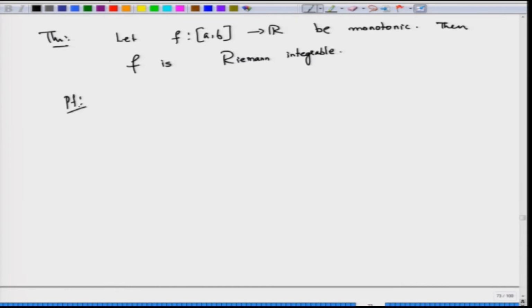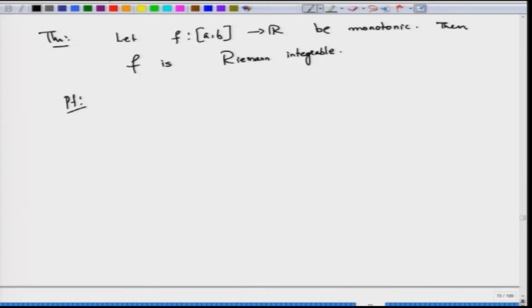What have we seen? We have also seen that in order to show that f is Riemann integrable, if given any epsilon positive, we can find a partition P such that U_P f minus L_P f is less than epsilon, then we definitely can say that f is Riemann integrable.